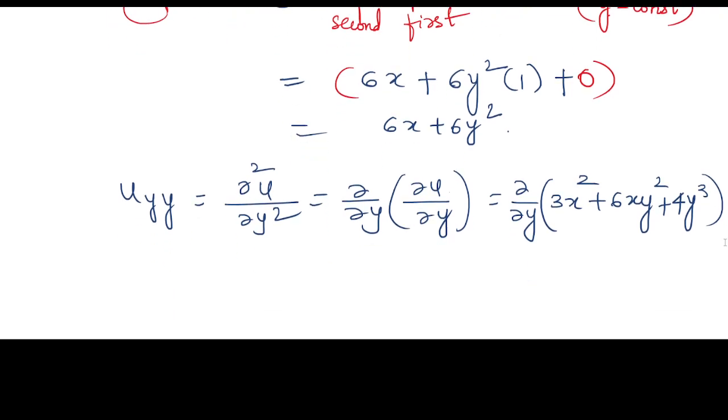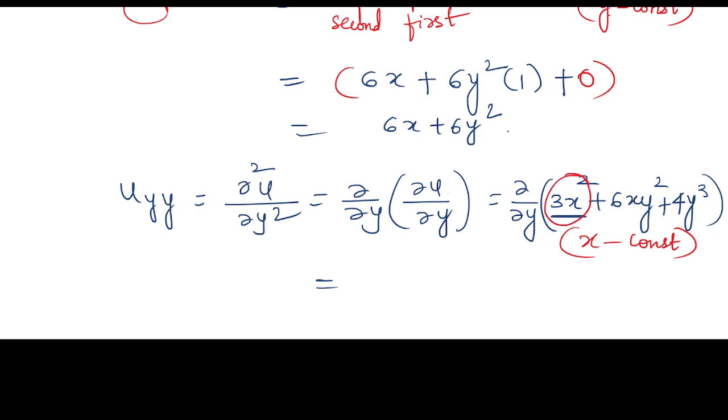Now differentiating this with respect to y means we have to keep x as a constant. So the derivative of the first term is 0, since it is independent of y.